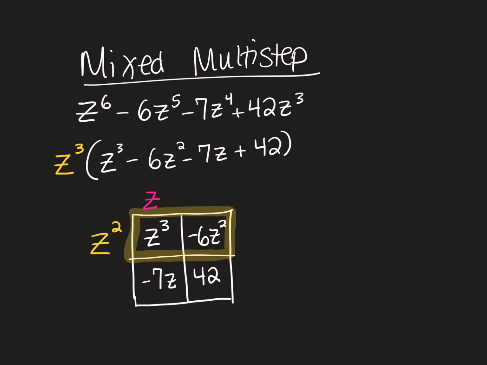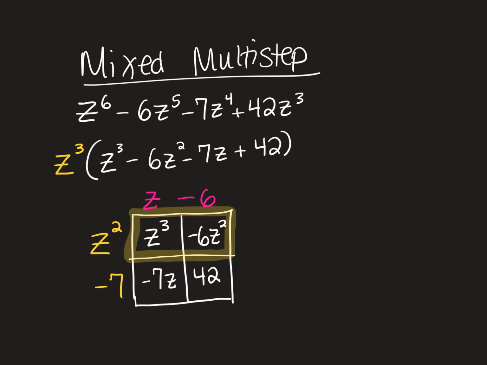And that gives us more information. Again, we know that this is z squared, that's the same as this. So to get negative 6z squared, we're going to have negative 6 here. And we can continue filling in the blanks. If this guy is z, then this has to be negative 7. And if you check, negative 7 times negative 6 gives you the positive 42 that you need. So we're able to factor this with the box very quickly.